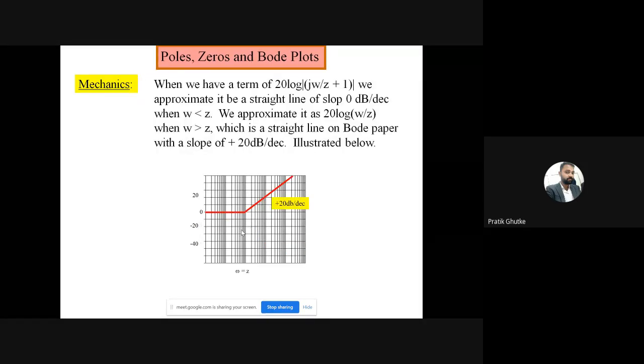So again, another mechanic, this is in the case of zeros. I have just now said that if zeros are there in my transfer function, my slope will go with plus 20 dB per decade line.